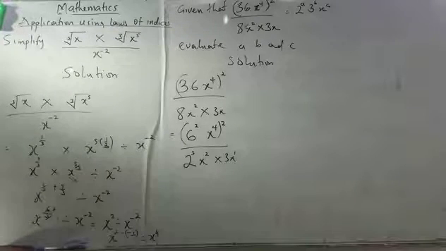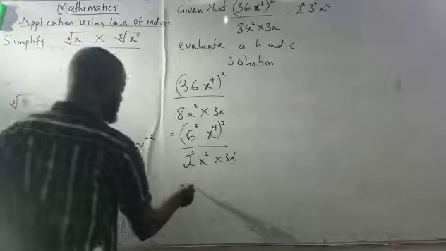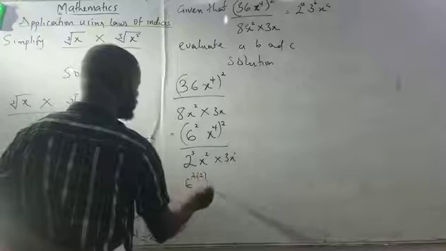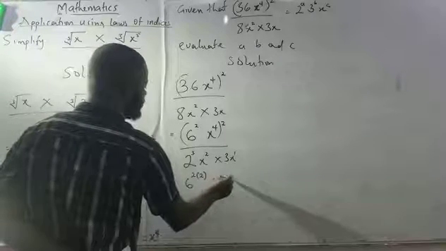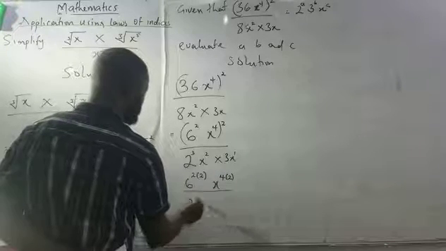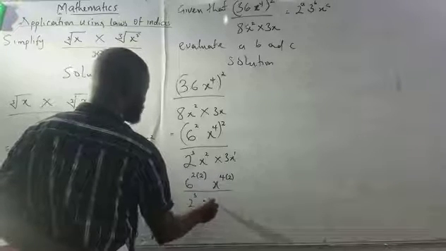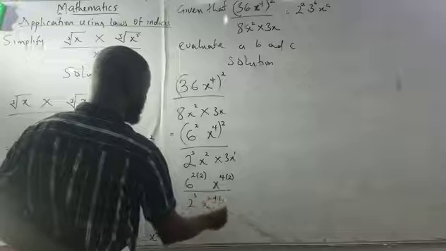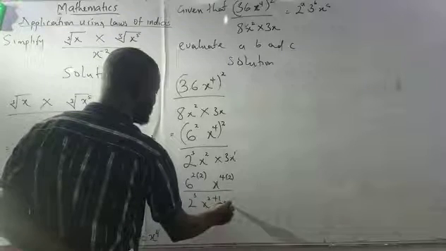Now, can you see I've expressed everything in the form of power? Now, I can say that 6 raised to the power 2, bracket of 2, and x raised to the power 4, bracket of 2, divided by 2 raised to the power 3, x raised to the power 2 plus 1, and 3 raised to the power 1.